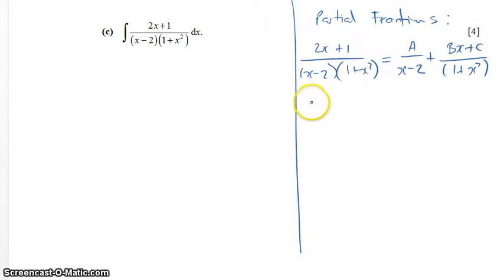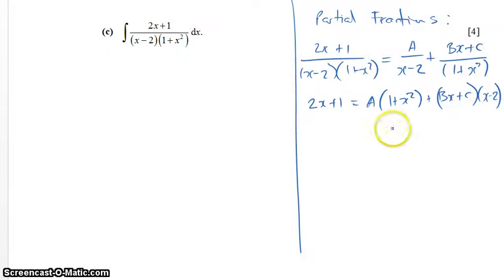Cross multiply, we get 2x plus 1 is equal to a times 1 plus x squared plus bx plus c, x take 2. So when x is equal to 2, what do we find? We find that 5 is equal to 5a plus 0.